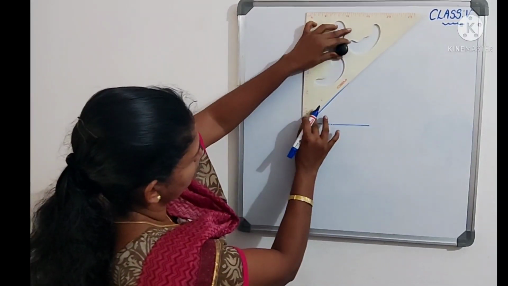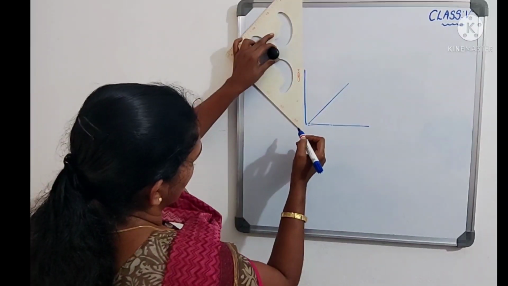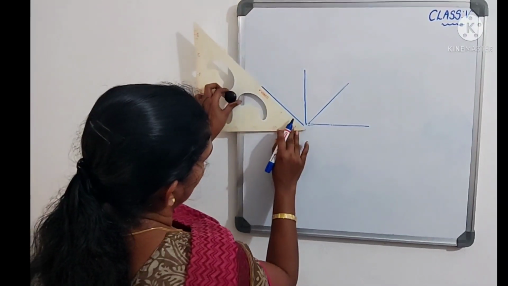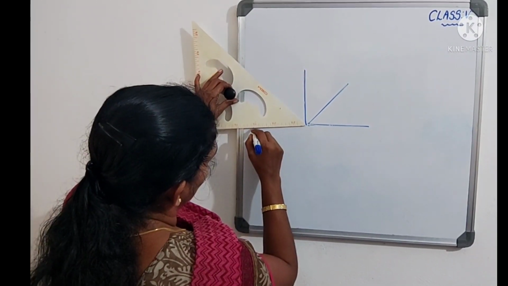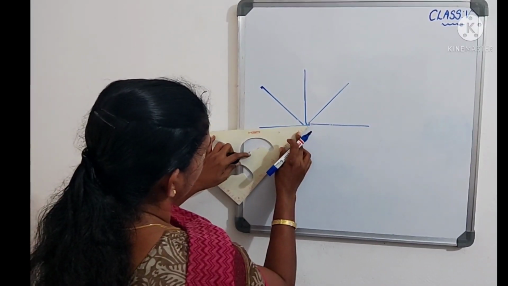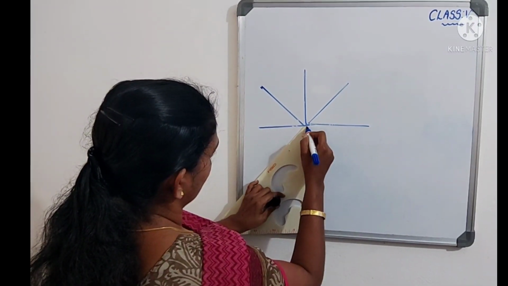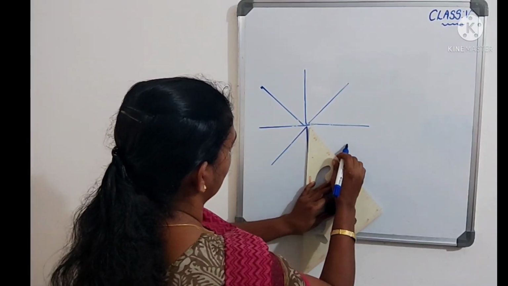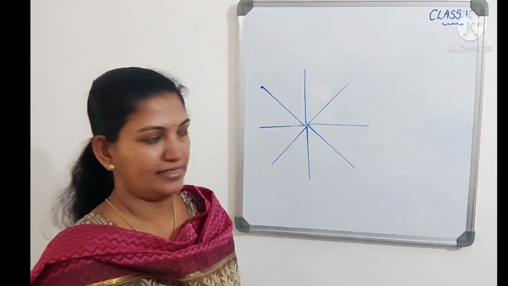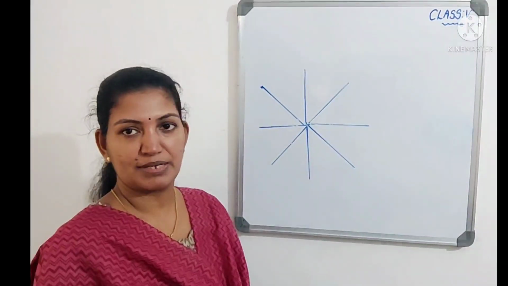Again the procedure continues. Now we got 8 lines. The length of all the lines must be the same, then only the figure will be correct.